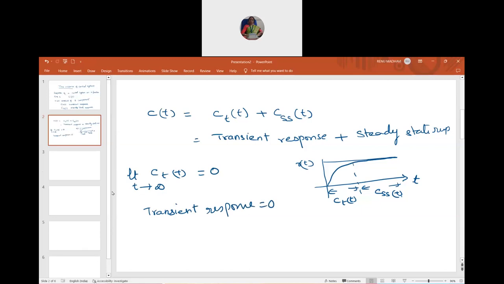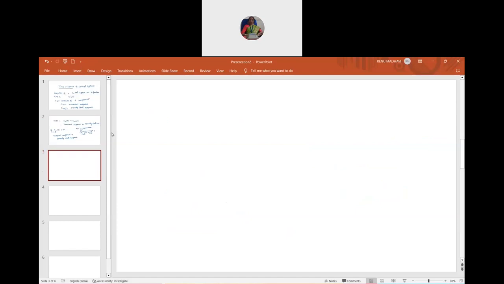But even when the transient response dies, the steady state response still exists. Okay, it exists to reach the final value. So you can see that even when the transients have died off, the steady state remains present there. So this is the time response of a system.